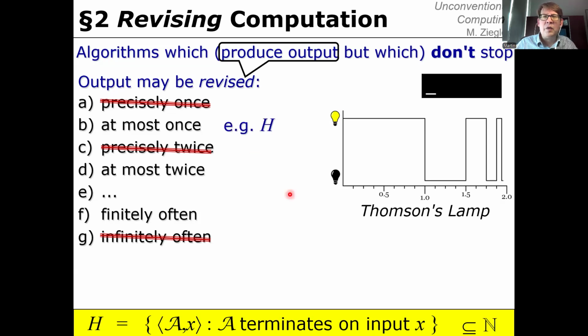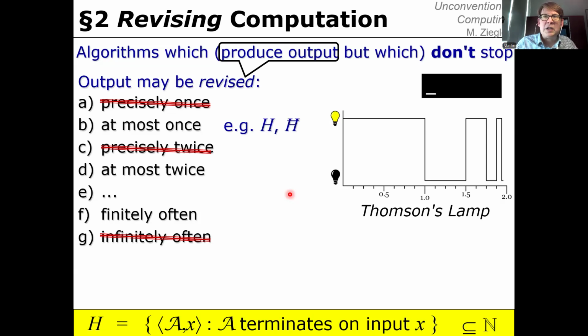And indeed, we've seen such a non-terminating algorithm able to decide the halting problem by first simply outputting no, it doesn't terminate, and then starting to simulate the input algorithm. And if and when the input algorithm terminates, then change its output from no to yes. And that happens at most once. The change in its output may happen 0 times. If the simulated algorithm does not terminate, then the initial tentative output no will remain forever.